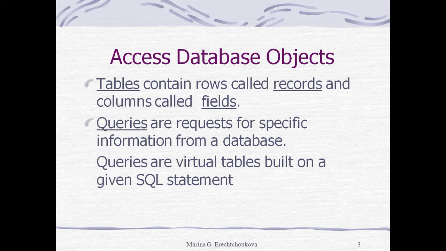There are 5 major objects available in MS Access. The first one, as expected, is table, because the working of MS Access starts with the creation of tables and storing data in tables. So the primary object of MS Access is tables.